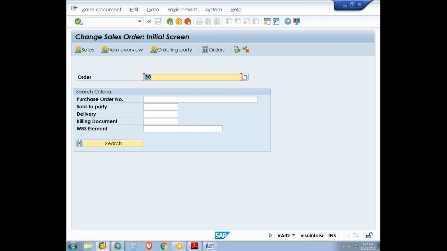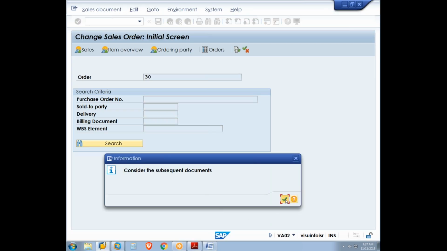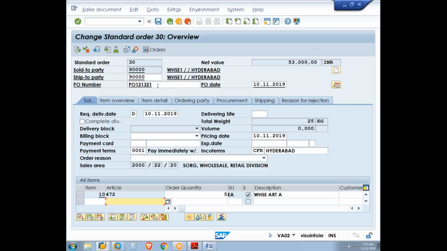This was the order I prepared. So here we can see an order was prepared, and that particular order we processed by using the customer number. The customer number is 90,000. We prepared the sales order for this particular customer. So in the order we are entering this particular number.